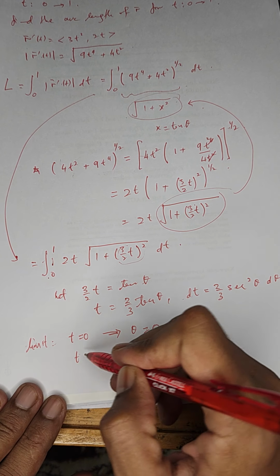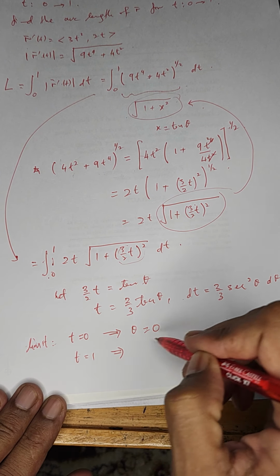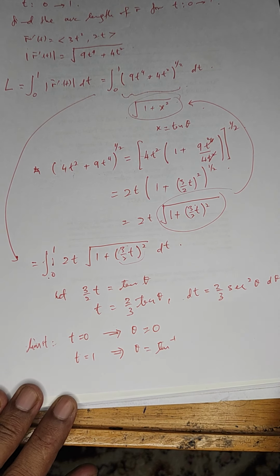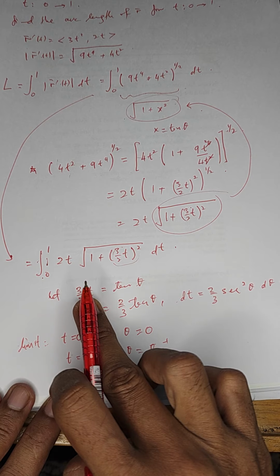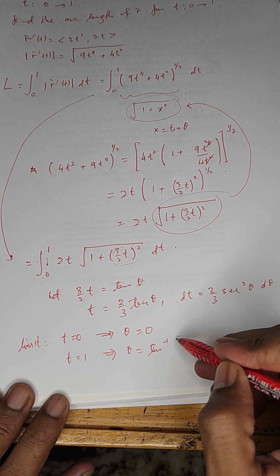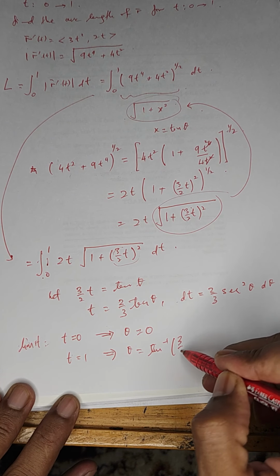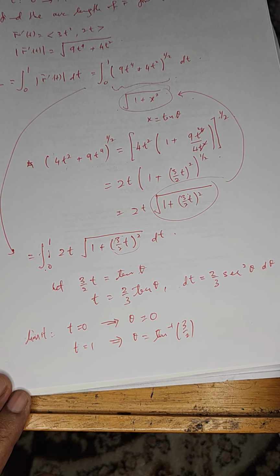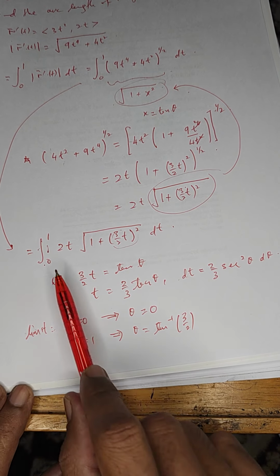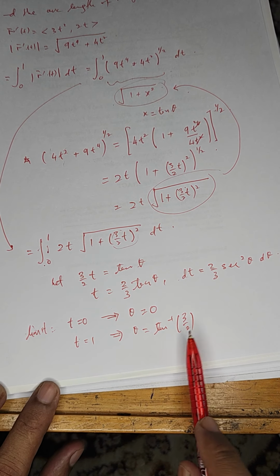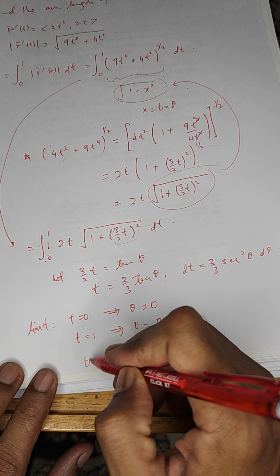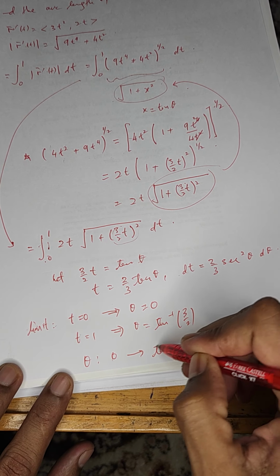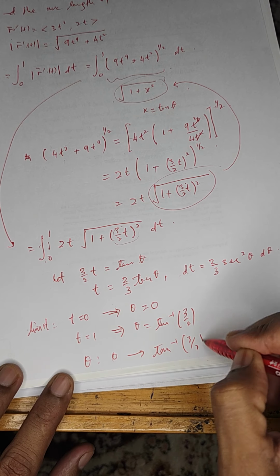When t equals 1, theta is the inverse tangent of 3 over 2. So now the limit of integration, instead of t from 0 to 1, has changed to theta from 0 to inverse tangent 3 over 2.